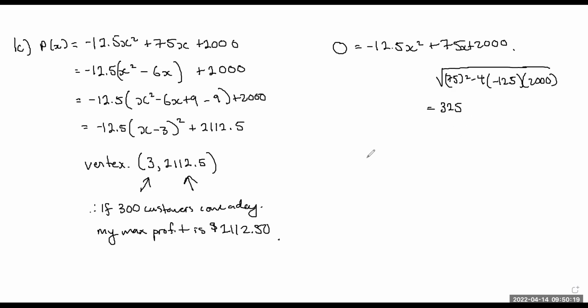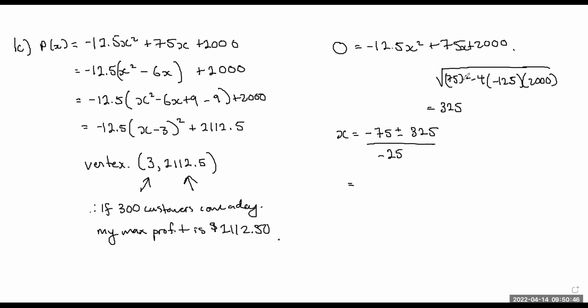Interesting. Okay. So if I wanted to break even, X is equal to negative B plus or minus, I already calculated that, 325, divided by 2 times A, that's going to be negative 25. All right, so let's do this.